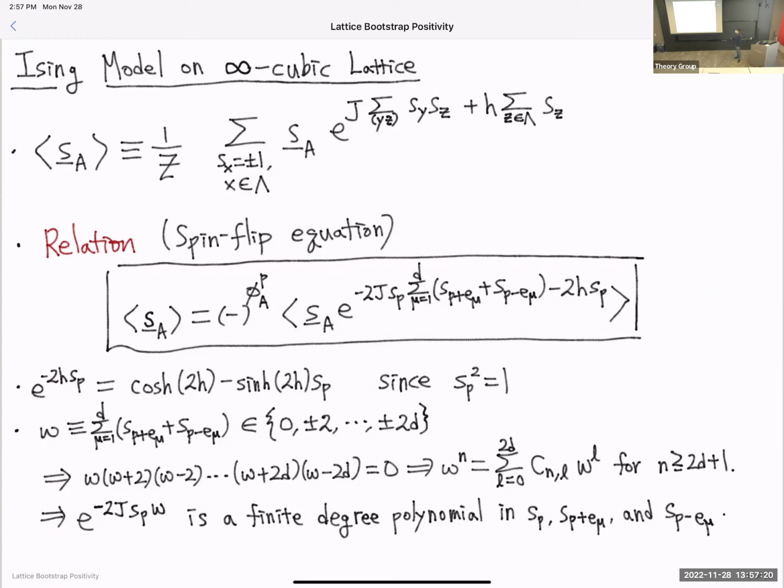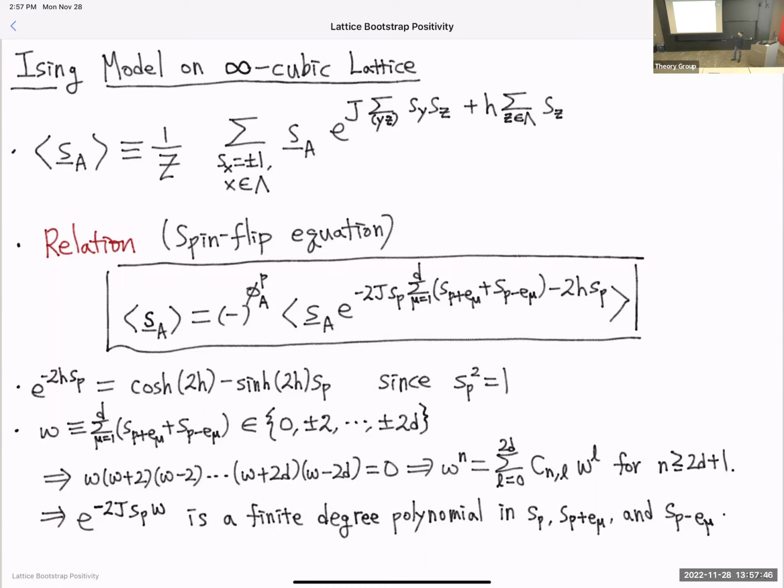You might say that, okay, at least we want this equation to close. Well, on the left-hand side, we have polynomials in the spin variables, while on the right-hand side, we have exponential. But that's too quick. We know that all these spin variables, they square to 1. So as you Taylor expand this exponent, you're actually gonna get only finite degree polynomial in terms of the spin variables.